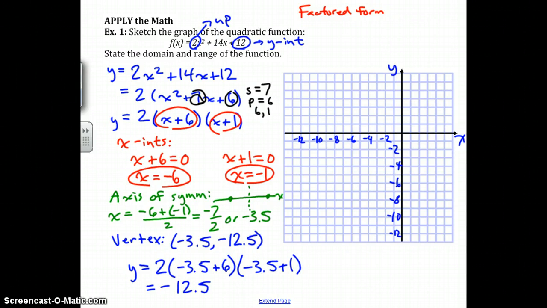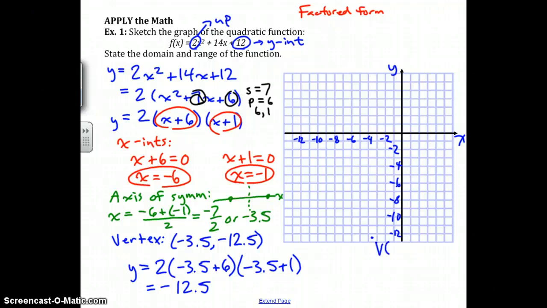Okay, so looking at this here, I have a vertex at the point -3.5, -12.5. So -3 is here, going down -3.5, -12.5. It is about there. So that there is my vertex.